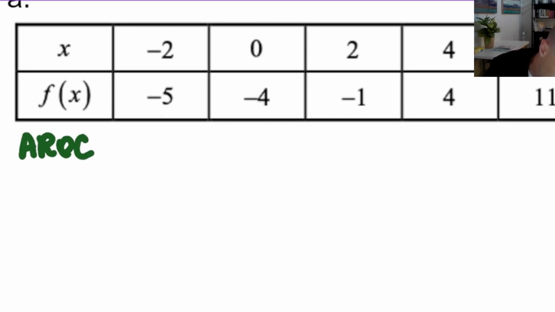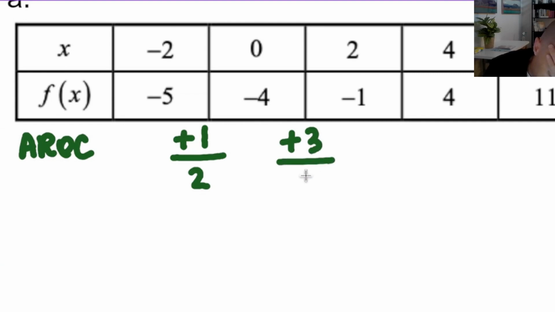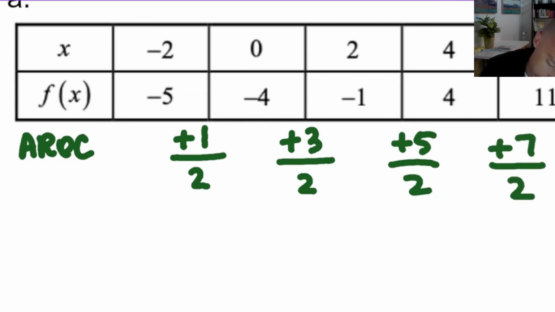All right, -5 to -4 was an increase of 1 when x increased by 2. -4 to -1 is an increase of 3 when x increased by 2. And then -1 to +4, that's an increase of 5, and again, x increased by 2. And 4 to 11 is +7 when x increased by 2.